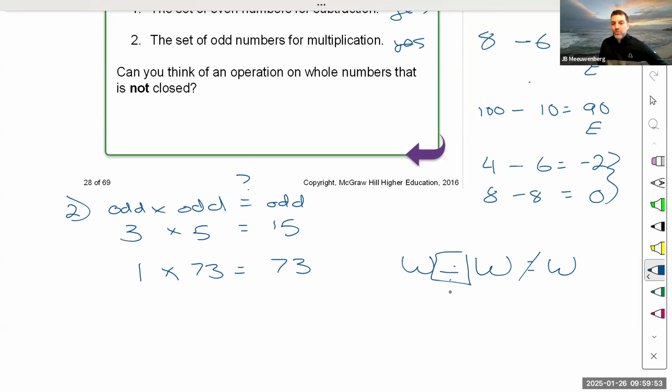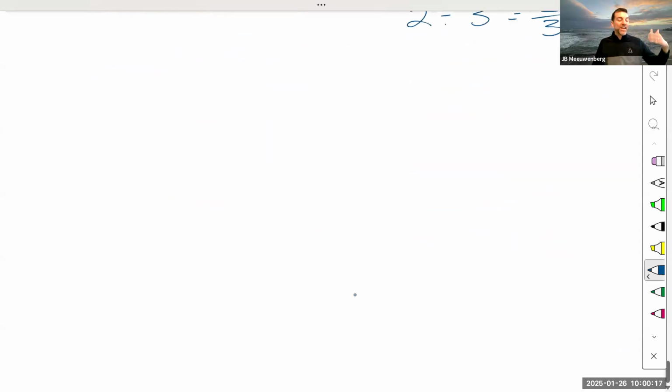Division with whole numbers is not closed. Here's an example. 2 divided by 3. What do you get when you divide 2 by 3? It's actually a fraction, 2/3, not a whole number. So division is an example of an operation under whole numbers that is not closed. So that's what it means for a set to be closed. You do something to it and you get another number in the set.